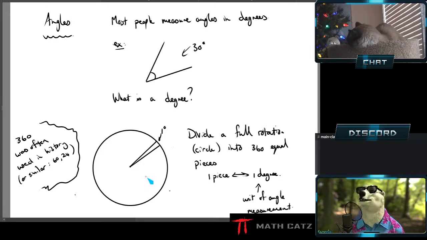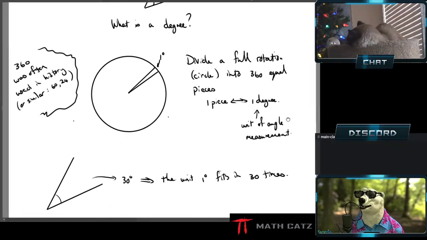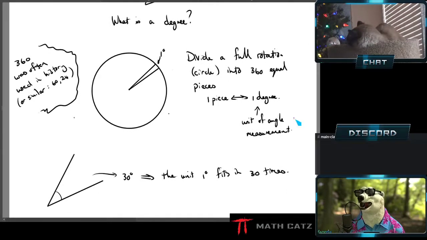So we split up this full rotation into 360 equal pieces. That is essentially our unit degree, the unit with which we measure angles. But it is a unit of measurement. It's a unit of angle measurement. So when I then have an angle like 30 degrees, what does that really mean?